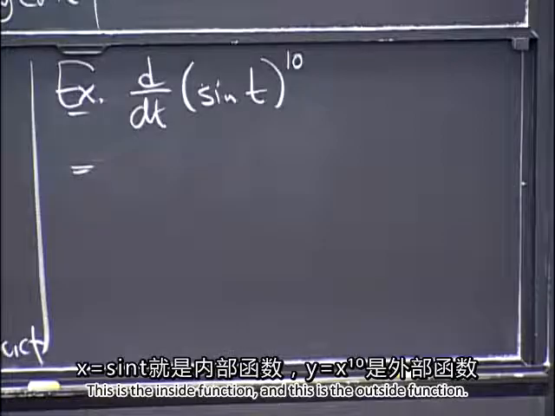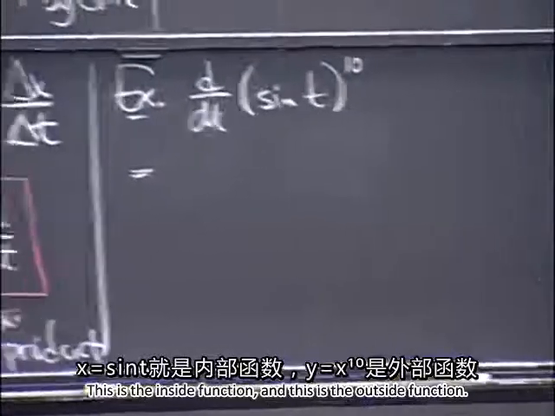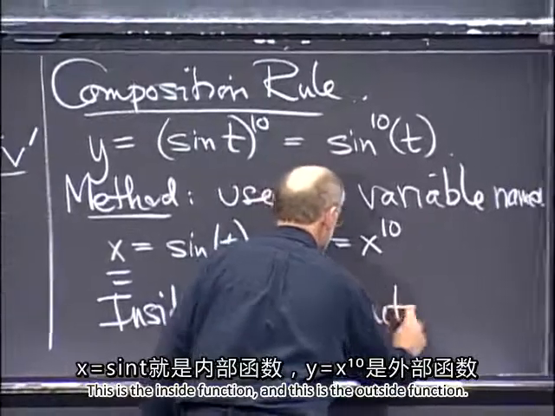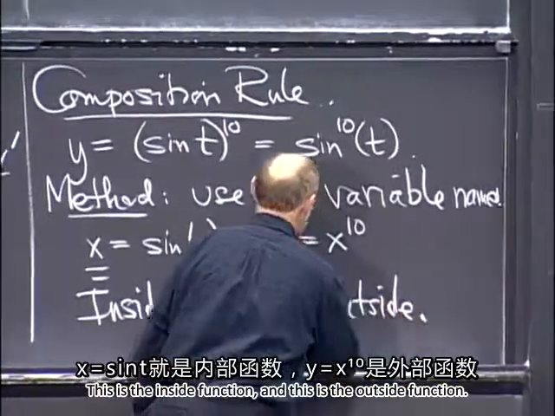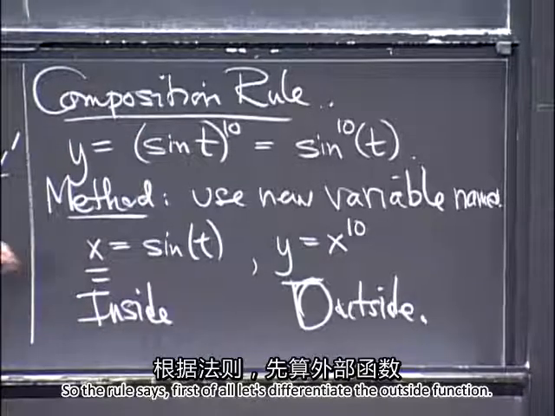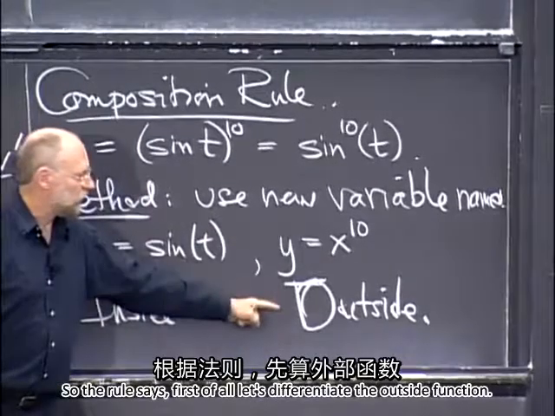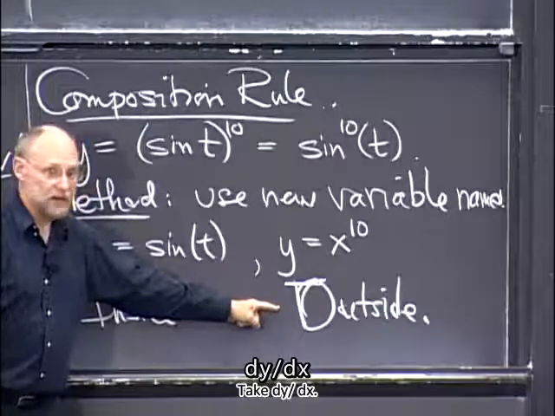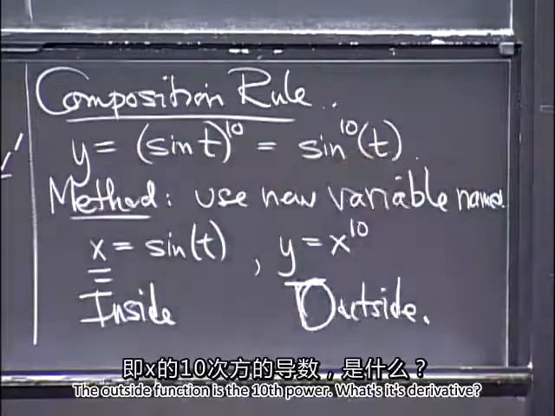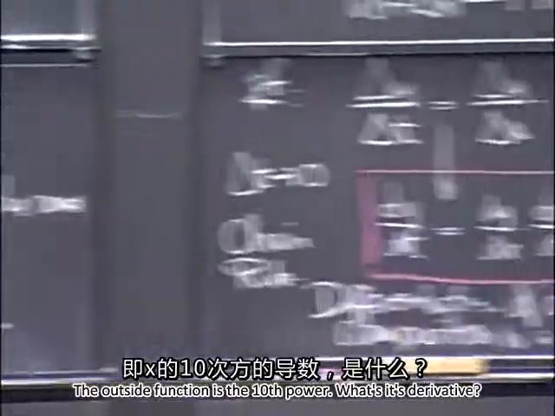That is, this is the inside function, and this is the outside function. So the rule says, first of all, let's differentiate the outside function. Take dy dx. Differentiate it with respect to that variable x. The outside function is the 10th power. What's its derivative?